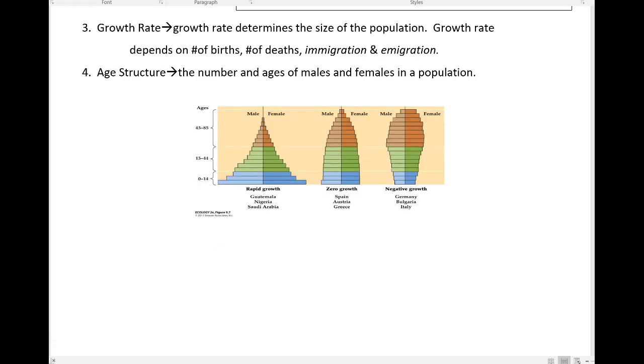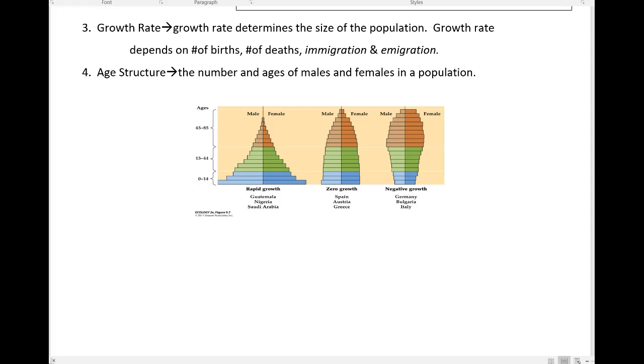Another way to look at how populations grow is by the growth rate. And the growth rate is going to actually determine the size of the population. And that depends on the number of births and the number of deaths, as well as immigration and emigration. So we look to see, do we have more births than we have deaths?